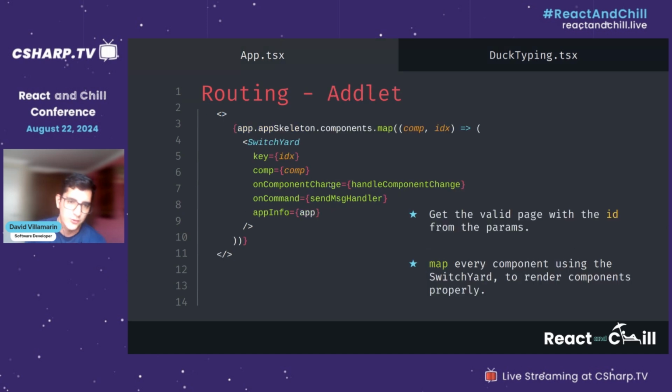Yeah, and then what is inside the applet? We have an application that is defined, and this application has a skeleton, and inside the skeleton we have the components, right? The components is an array of all the different components that you want, right?